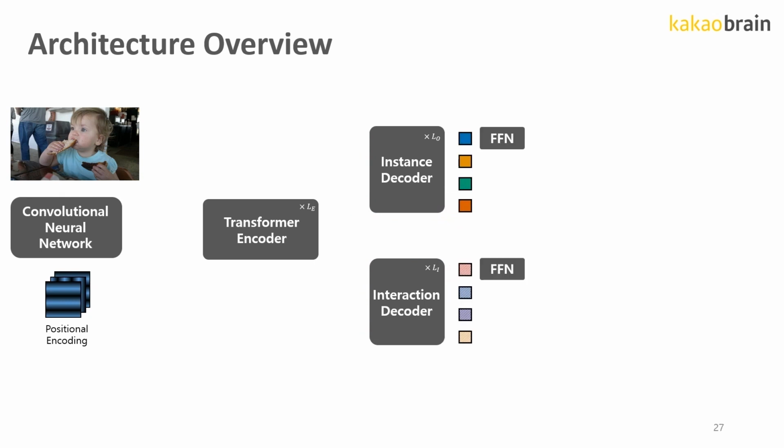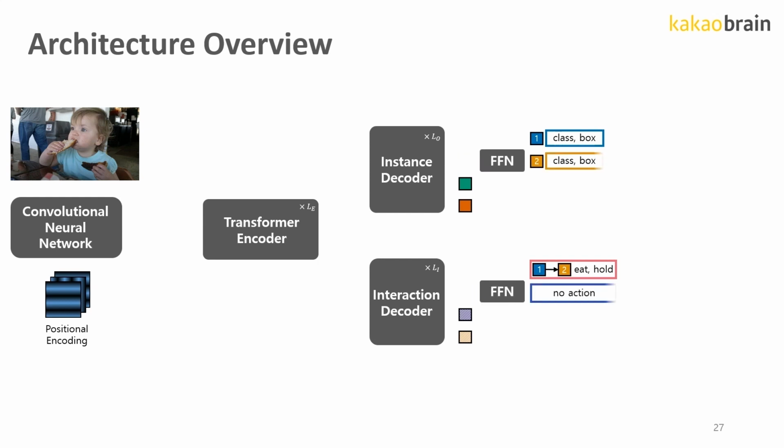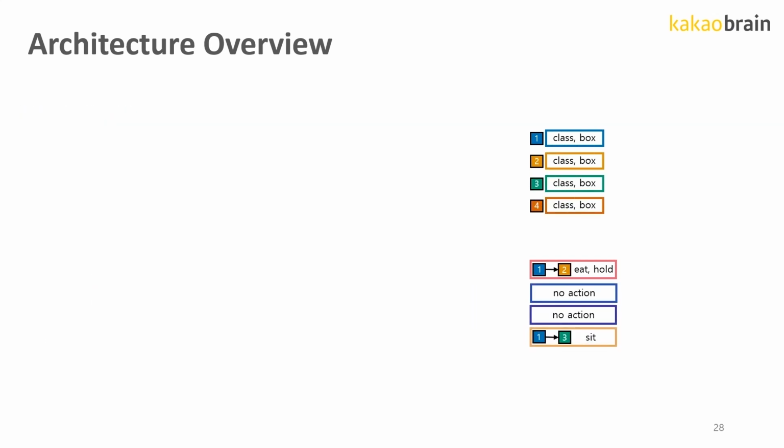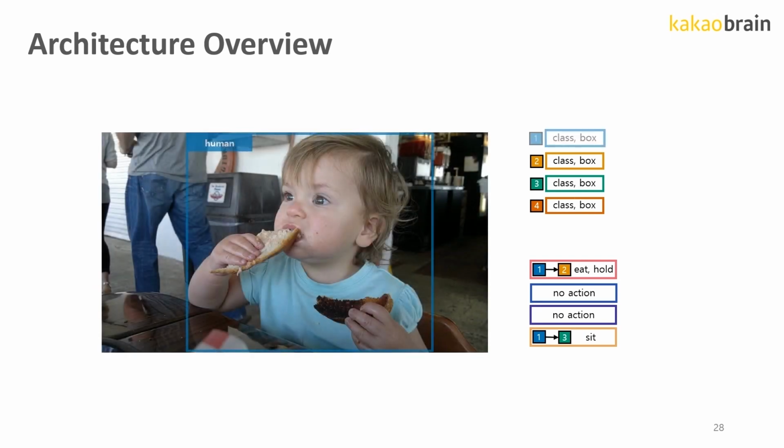The feature vectors obtained from the instance decoder are fed to a feed-forward network to perform ordinary object detection, while the feature vectors obtained from the interaction decoder simultaneously associate the detected objects with the appropriate label to form the final HOI triplet.